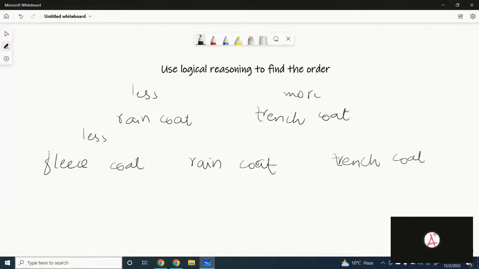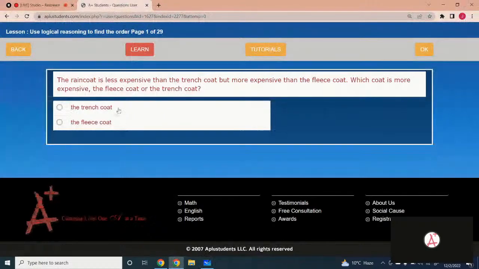So you have to find which one is more expensive. Yes, the more expensive one is the trench coat. Got it? So select the correct option and then click on the OK button. Very good.